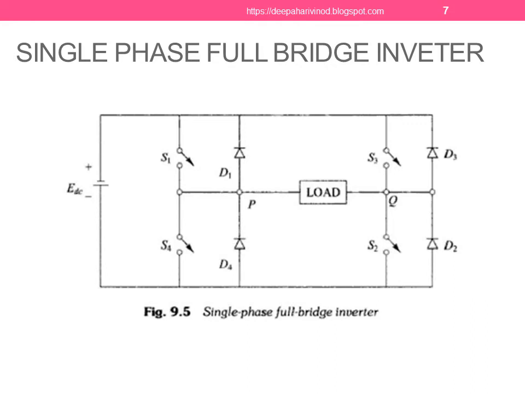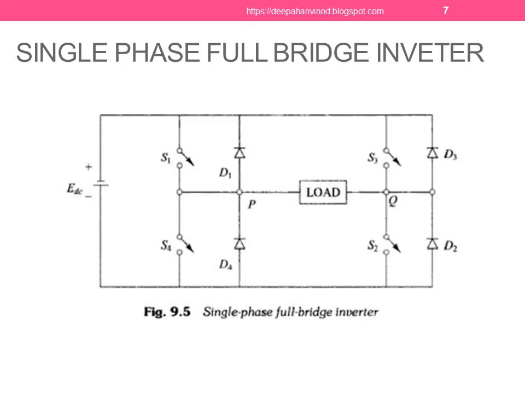Single phase full bridge inverter with R load. In order to develop a positive voltage across the load, the switches S1 and S2 are turned on simultaneously, whereas to have a negative voltage, EDC, across the load, S3 and S4 should be turned on.